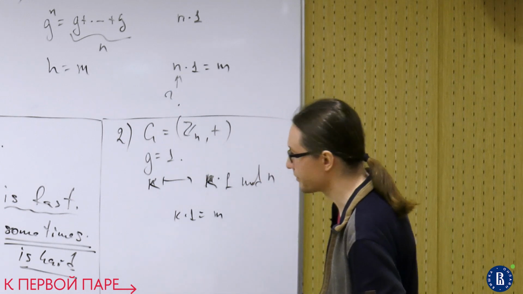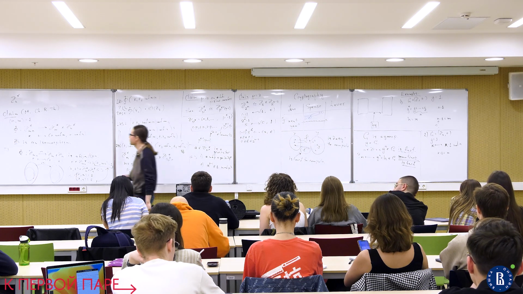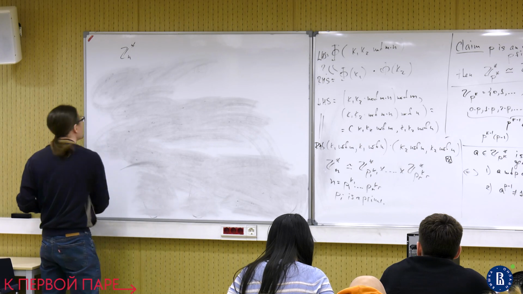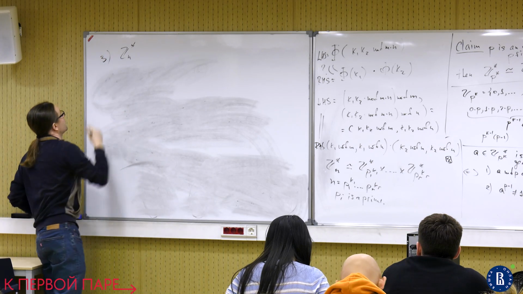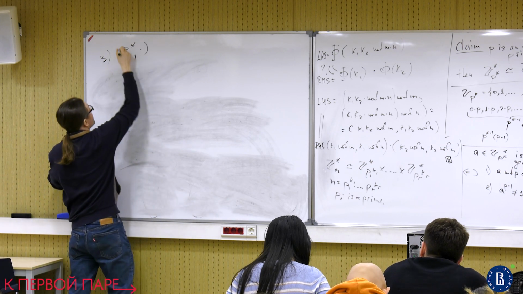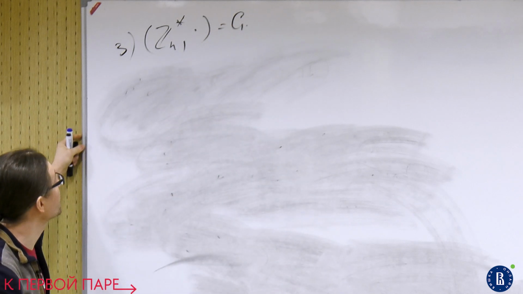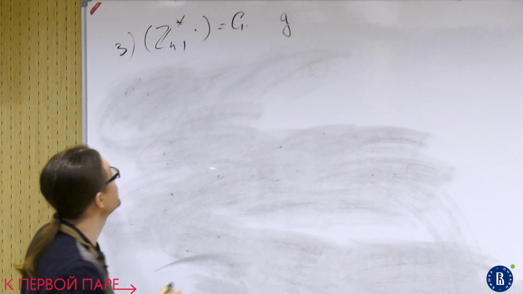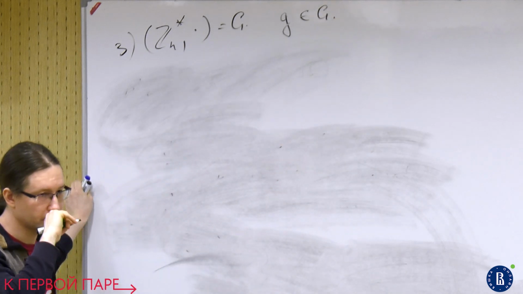So we need a better example. Let me show you a better example. And this is Zn star. Example number 3: Zn star with multiplication. This is your group G. And suppose g small is some element from G capital.